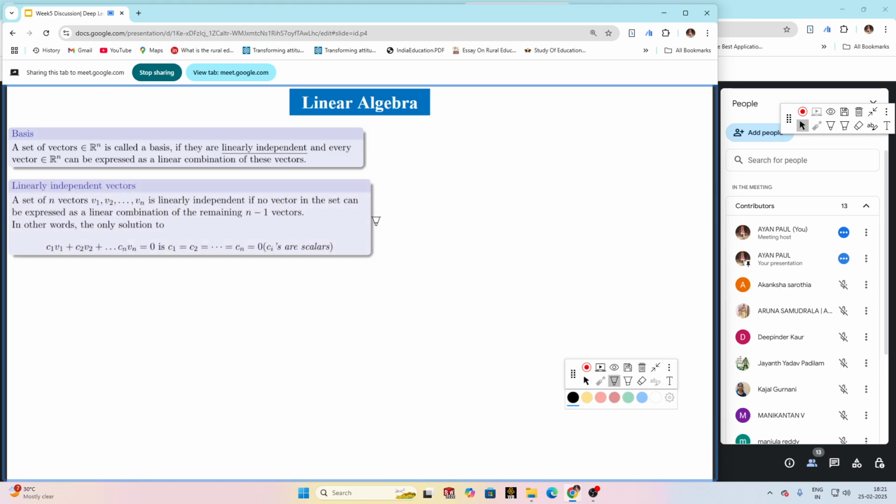Now the second thing is, what are linearly independent vectors? Vectors v1, v2, ..., vn are called linearly independent if c1 v1 plus c2 v2 plus ... plus cn vn equals 0 only if c1, c2, ..., cn are all 0. That is known as the linear independence property of the vectors, so we can say v1, v2, ..., vn are linearly independent vectors.